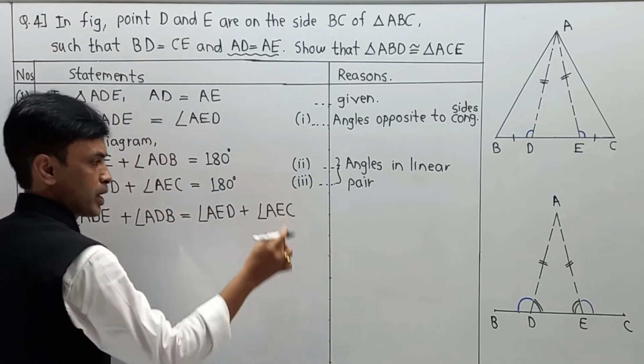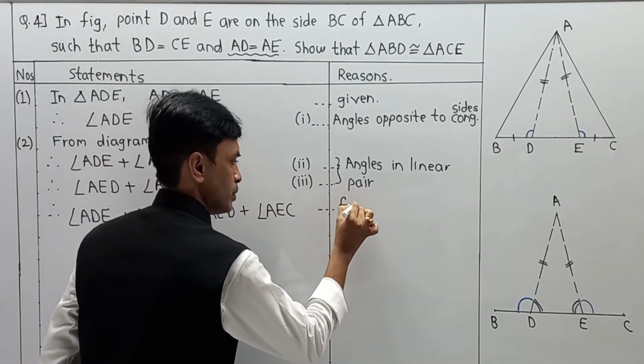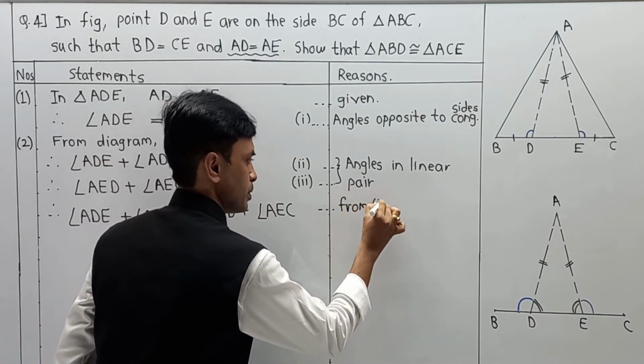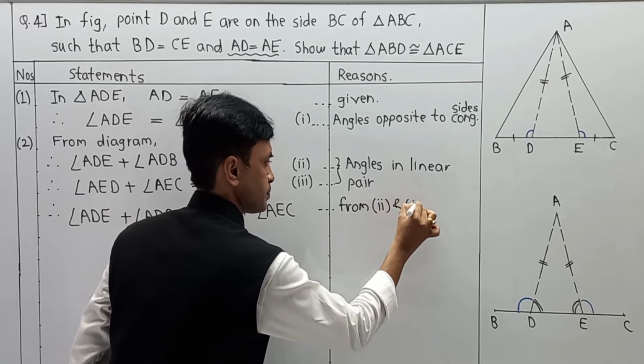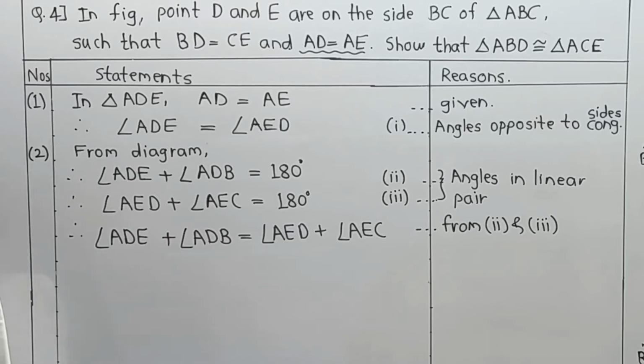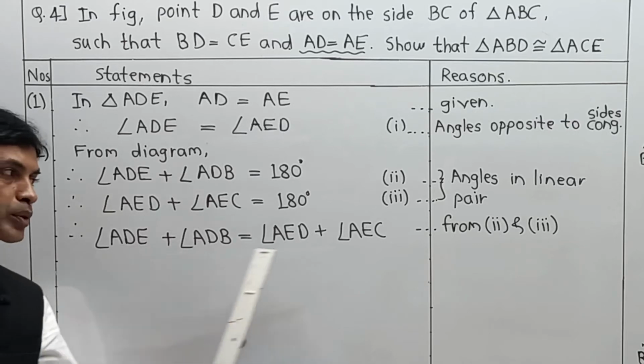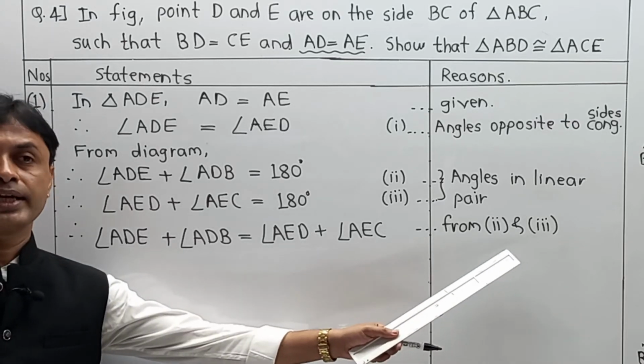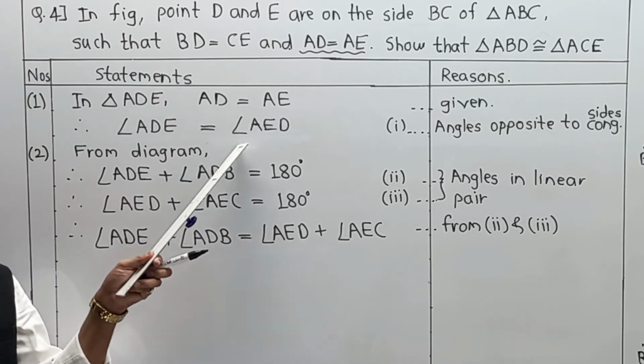This is from 2 and 3. Now we have one conclusion that we have proved over here. As we are able to write this equation from equations 2 and 3, but first observe equation 1 over here.